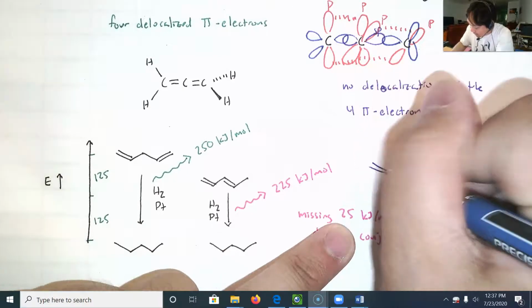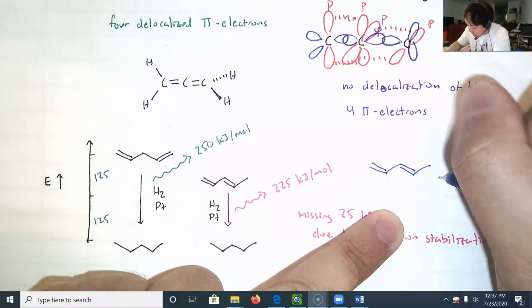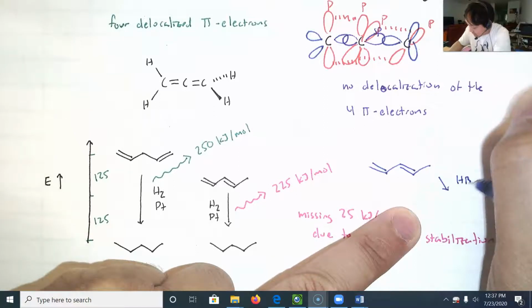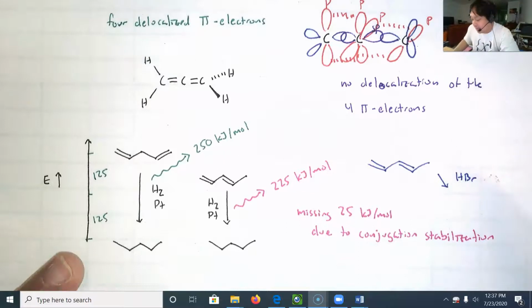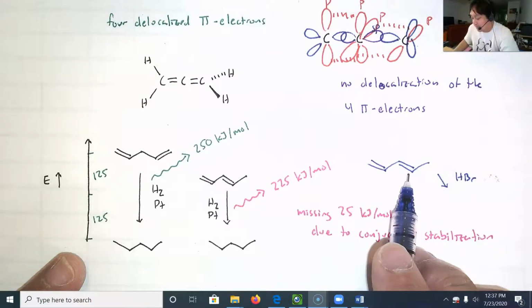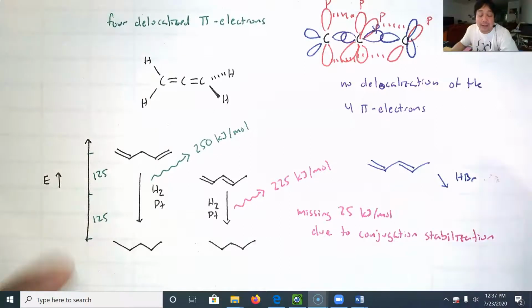We have this molecule here, and we do HBr. Remember what the first step of that is? You're going to use a double bond to grab an H, and you form a carbocation that's stable. Okay, Markovnikov talked about this, right? I like to say the rich get richer.